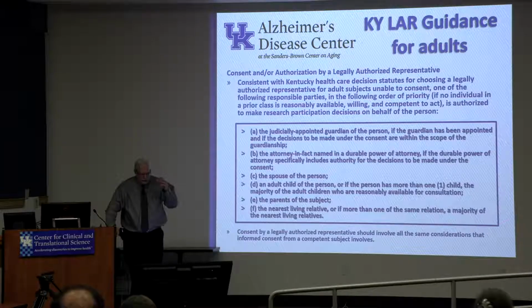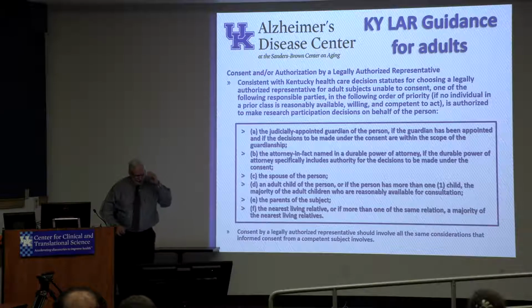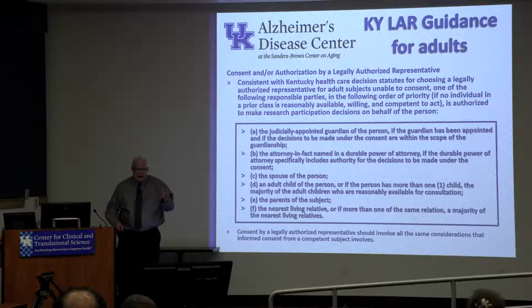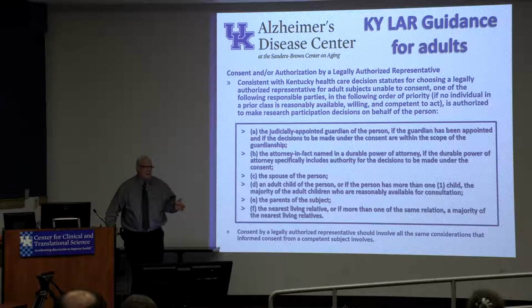So we do have, fortunately, some guidance. Somebody who may lack capacity because of their medical condition, or potentially even their age and their developmental stage, may still benefit, certainly benefit from clinical care, but may still benefit from engaging in research. And so we'll talk about that in vignettes, but we do have, fortunately, guidelines for the legally authorized representative.